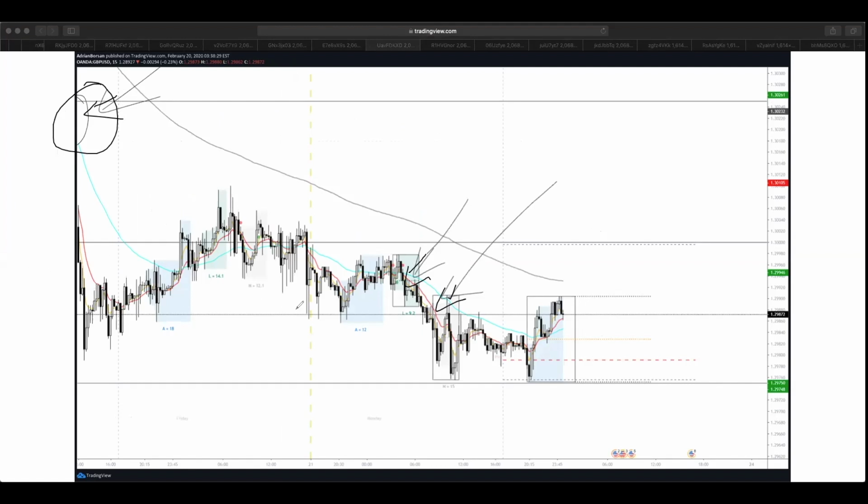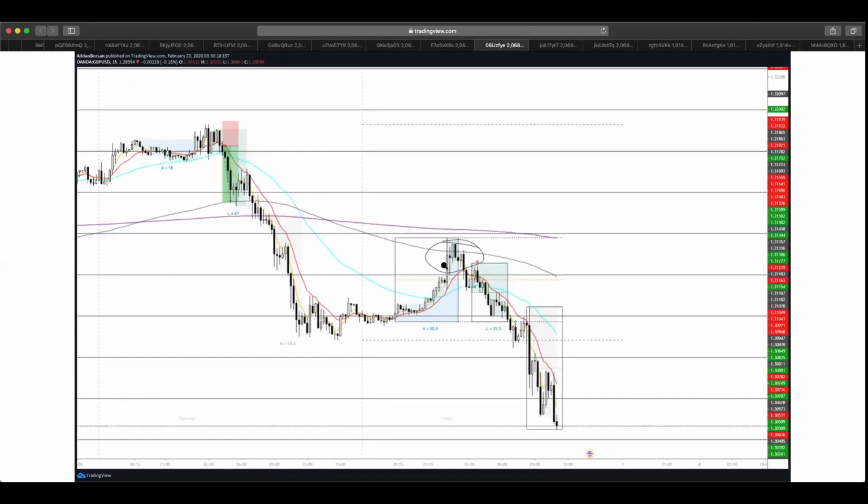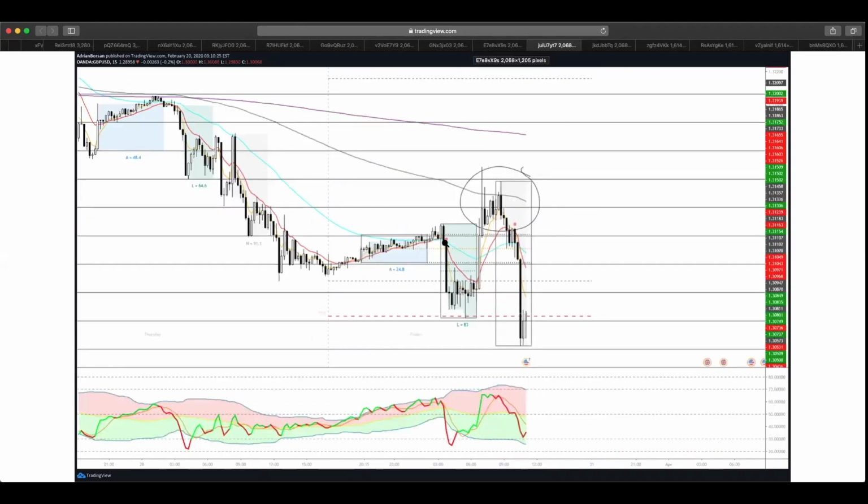This is almost like every day. You see that? This is a pin to the 200, right at the end of the Asian box here. Pin to the 200 again. Actually, that last one had a pin to the 50 as well. Yes, I saw it. This is a pin to the 200.